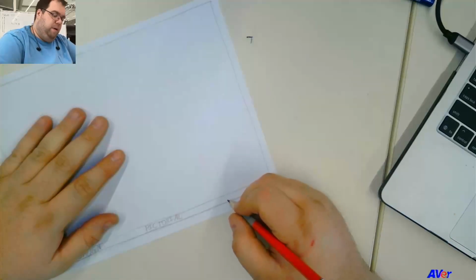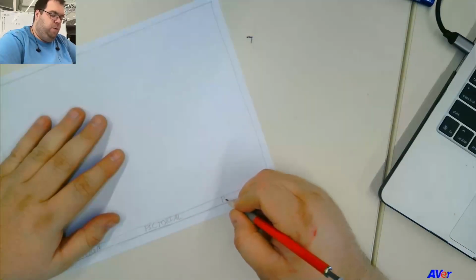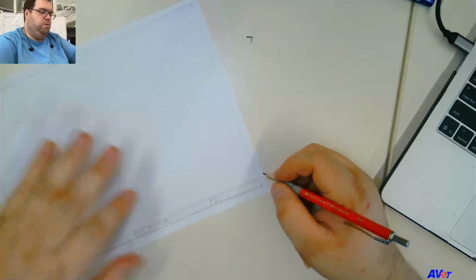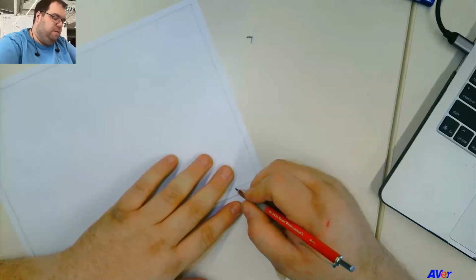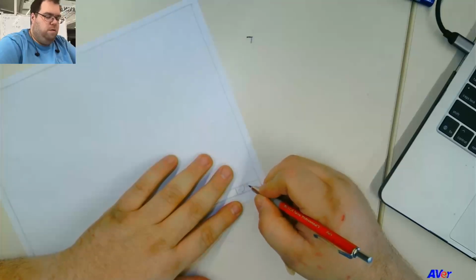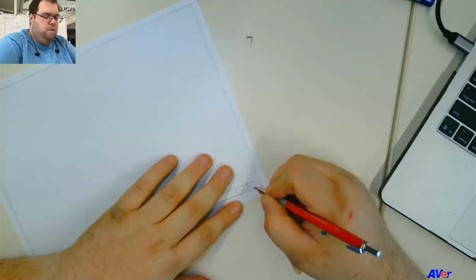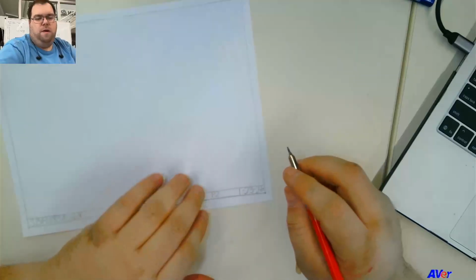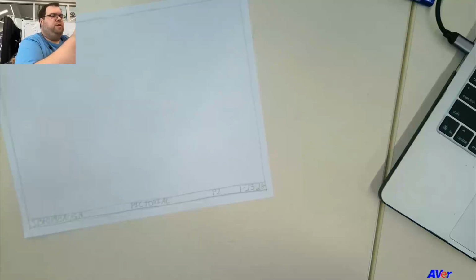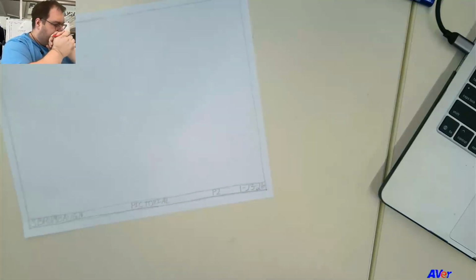Here in about the middle, we're going to put that this is P2. And then we're going to put the date, which is 1/23/26.